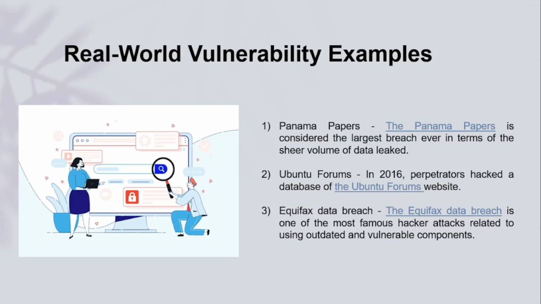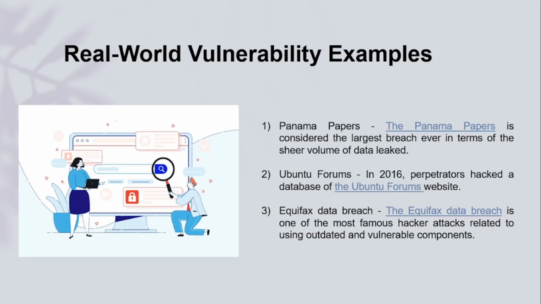In 2016, it was the world's fourth greatest company providing offshore financial services. The leak of more than 11 million confidential documents, including 2.6 terabytes of information belonging to high-ranking politicians and public figures from more than 50 countries, was caused by the exploitation of outdated, unpatched versions of Drupal CMS and WordPress.